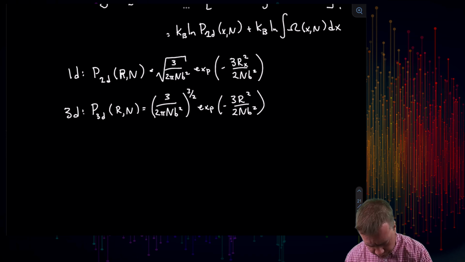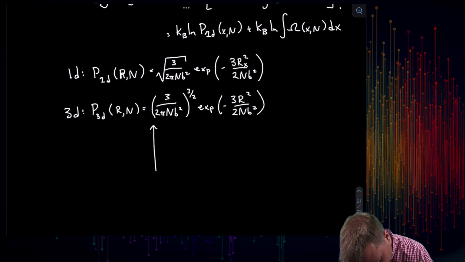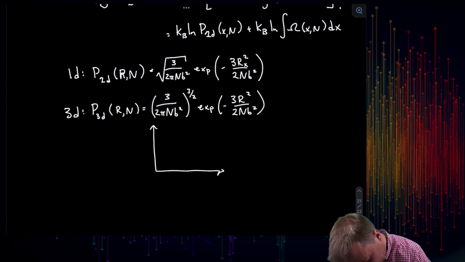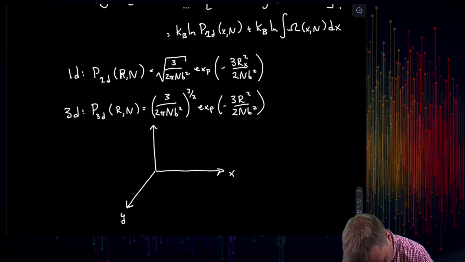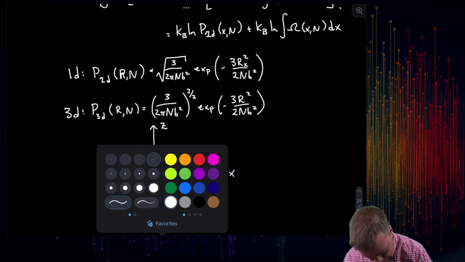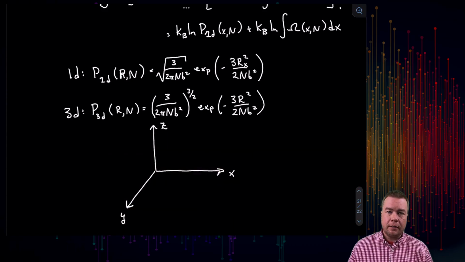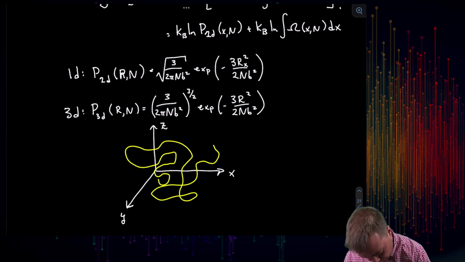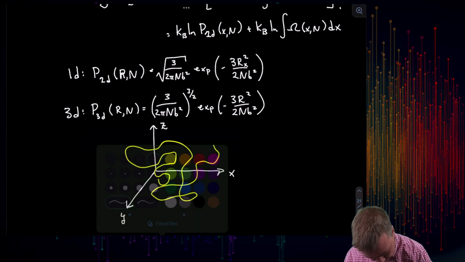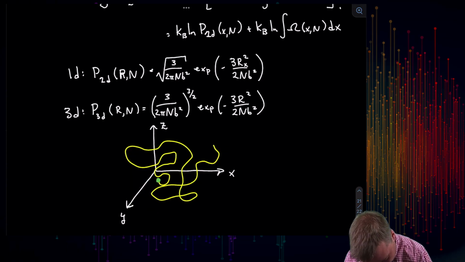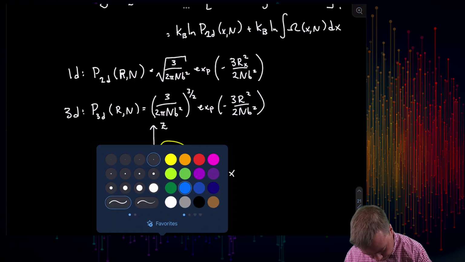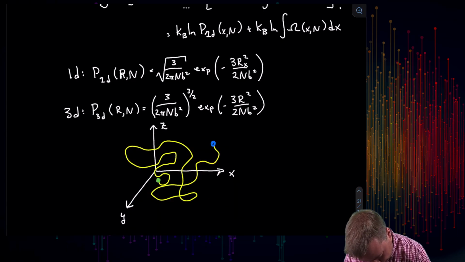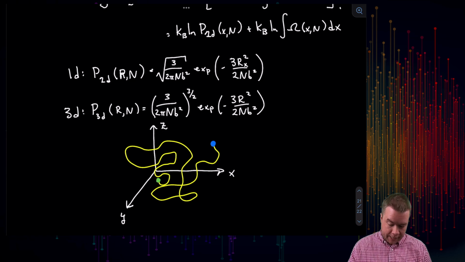Let me draw that to show you what I mean. So if I was to draw a single polymer chain in X, Y, and Z, one single conformation of it, and the way that it will look in the HoloLens if you haven't seen it yet, is a polymer chain could be all over the place, right? And so let's say that over here is where the polymer chain starts, and there's where the polymer chain ends.